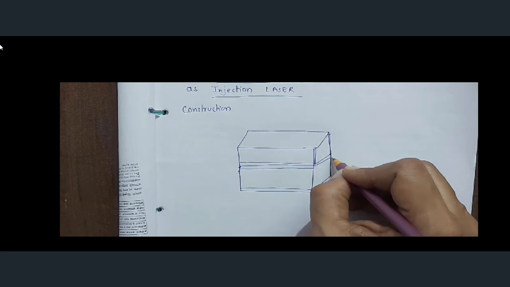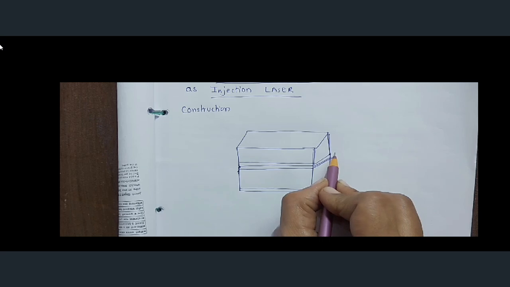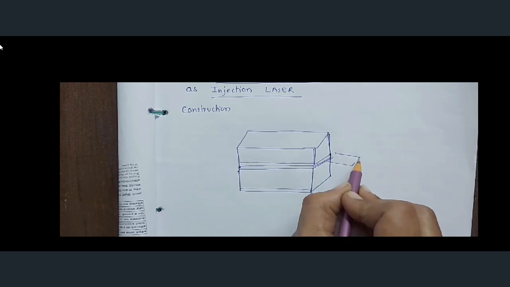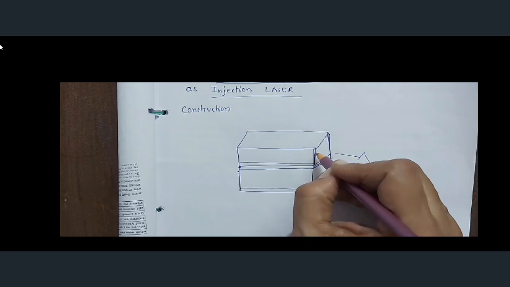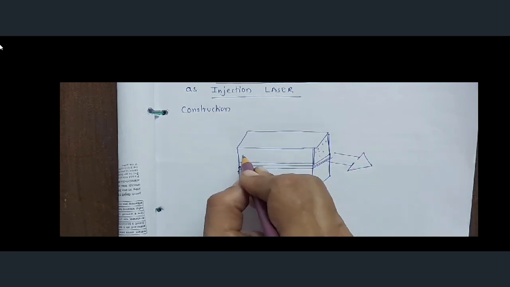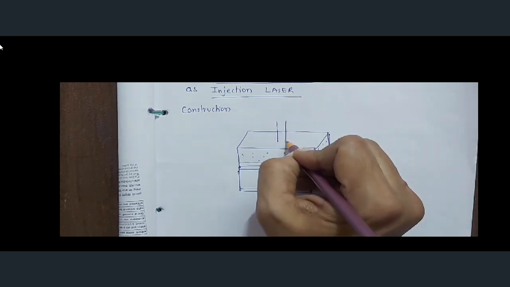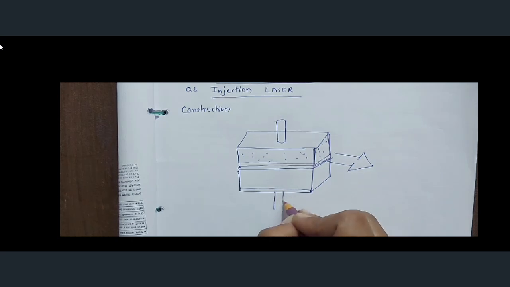Similarly here also you draw three lines from here. This is the particular region. Now we will give dots, and a connection like this.